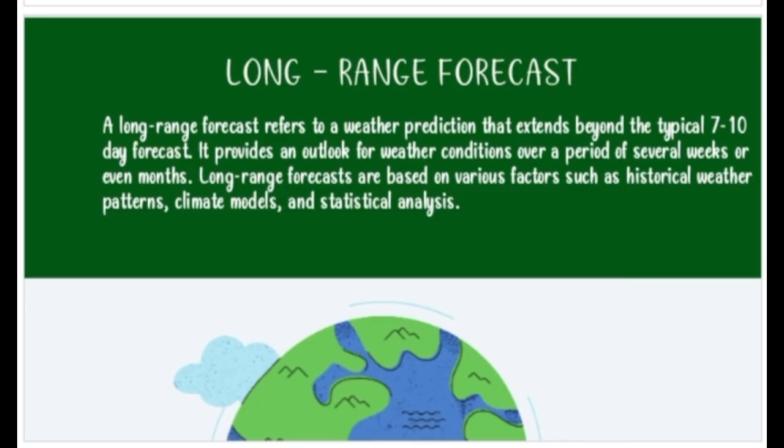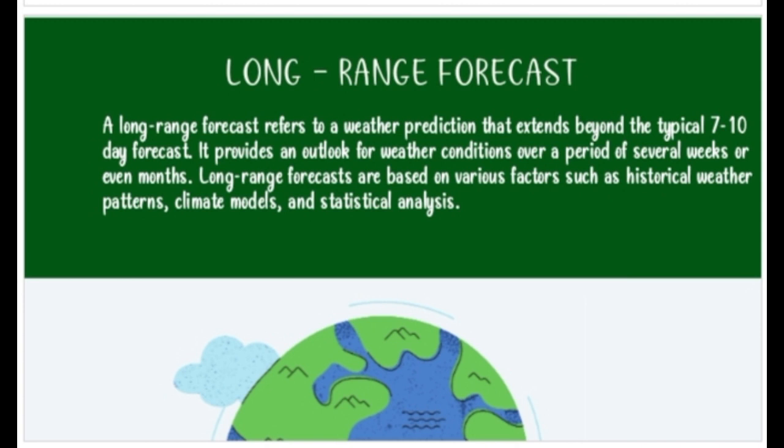A long-range forecast refers to a weather prediction that extends beyond the typical 7 to 10 days forecast. It provides an outlook for weather conditions over a period of several weeks or even months. Long-range forecasts are based on various factors such as historical weather patterns, climate models, and statistical analysis.